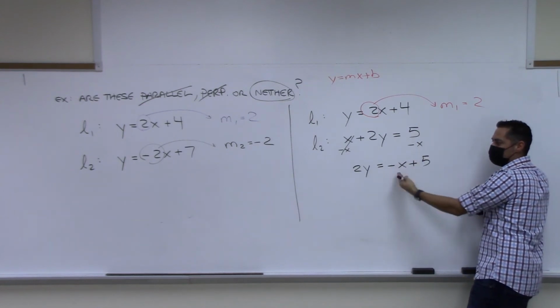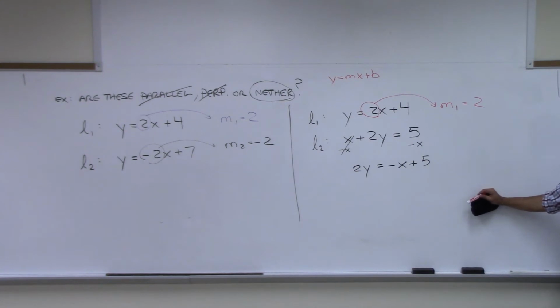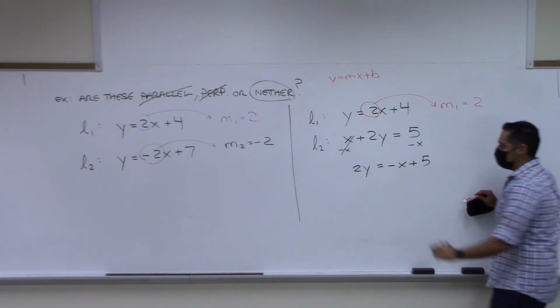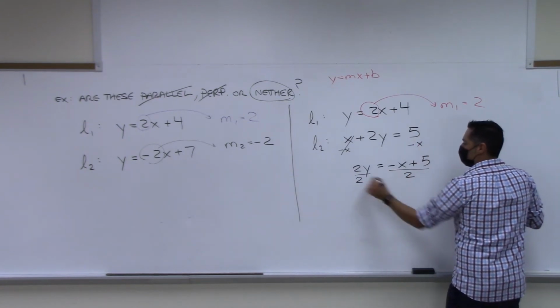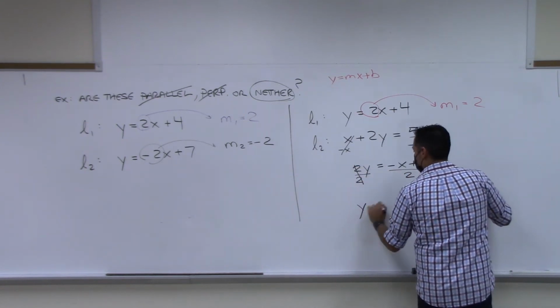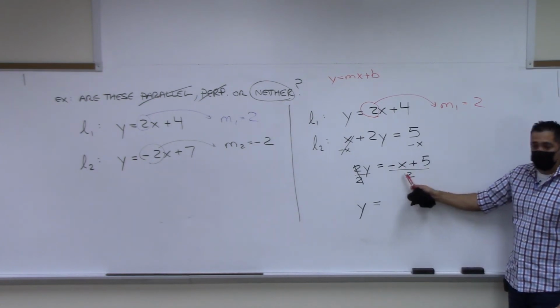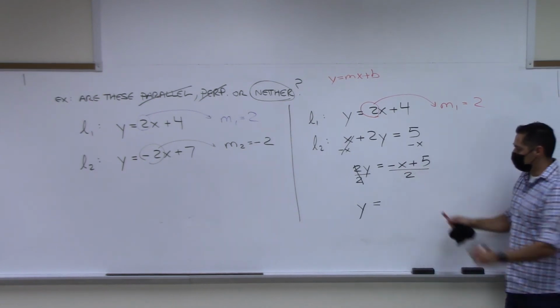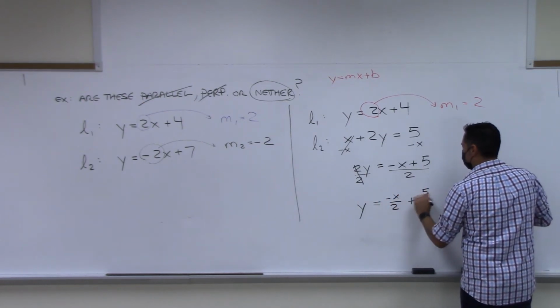They're not like terms. And then divide both sides by 2, right? So watch what happens when I divide by 2. You have to understand that when you divide this side by 2, you're dividing each of these by 2. So you're doing negative x divided by 2 plus 5 divided by 2.